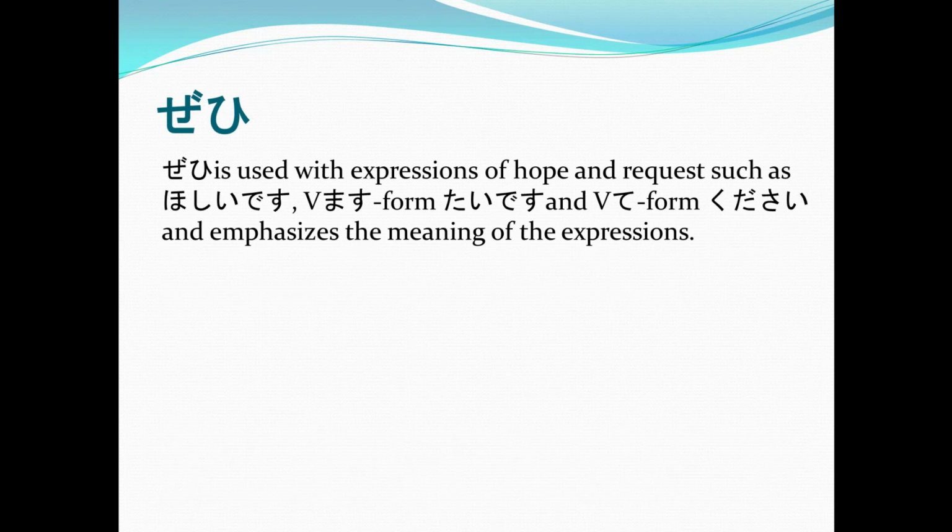Now, zehi. Zehi is used with expressions of hope and requests such as hoshii desu, V-tai desu, or V masu form in their tai desu, and V te form kudasai, and emphasizes the meaning of the expression. So since it is an expression of hope and request, we use it with hoshii, wanting, verb tai form or verb tai desu, wanting to do something, and since it's a request, it can also be used with verb te form kudasai.